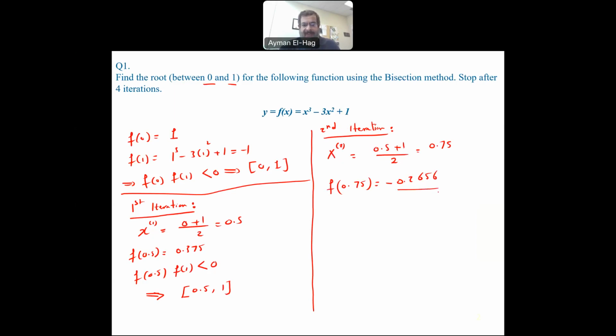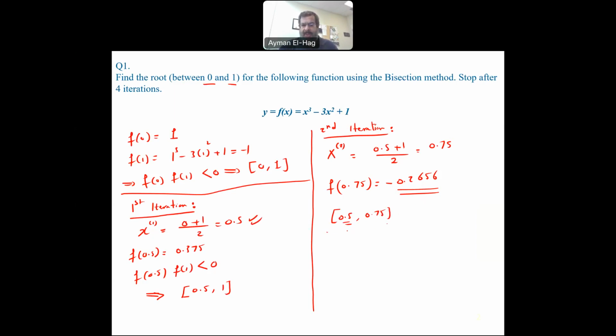Okay, so it's a negative value. So now we are sure that your interval will be between 0.5 and 0.75, because f of 0.5 is a positive value, f of 0.75 is a negative value, so the multiplication of f of 0.5 and f of 0.75 is a negative value.